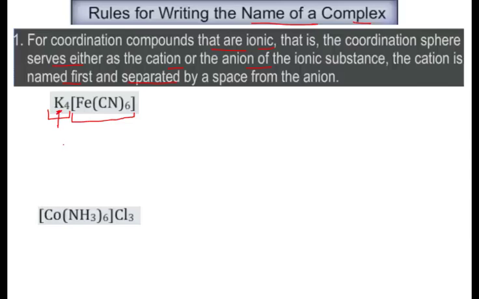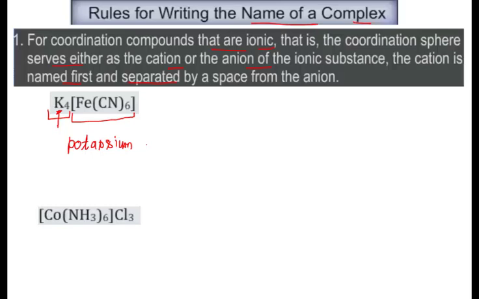Now while writing the nomenclature, do remember that in general we write every letter in small case. So I'm going to write it as potassium, because this is the cation, so then I have to leave some space before we start with the anion.